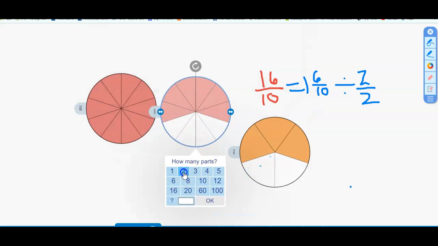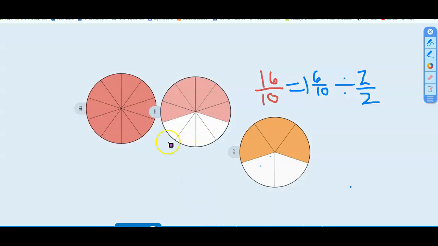I could use my app. Nope, that doesn't work. 3 doesn't work. 4 doesn't work. But 5 does work. If I colored those in, let me rotate it around, you'll see that 3/5 is equivalent to 6 tenths. So our answer is 1 and 3/5.